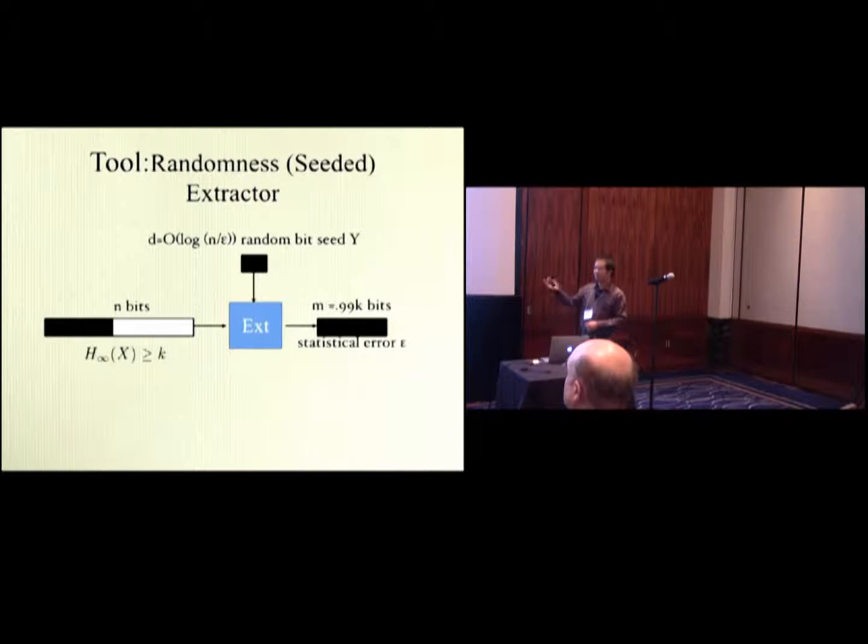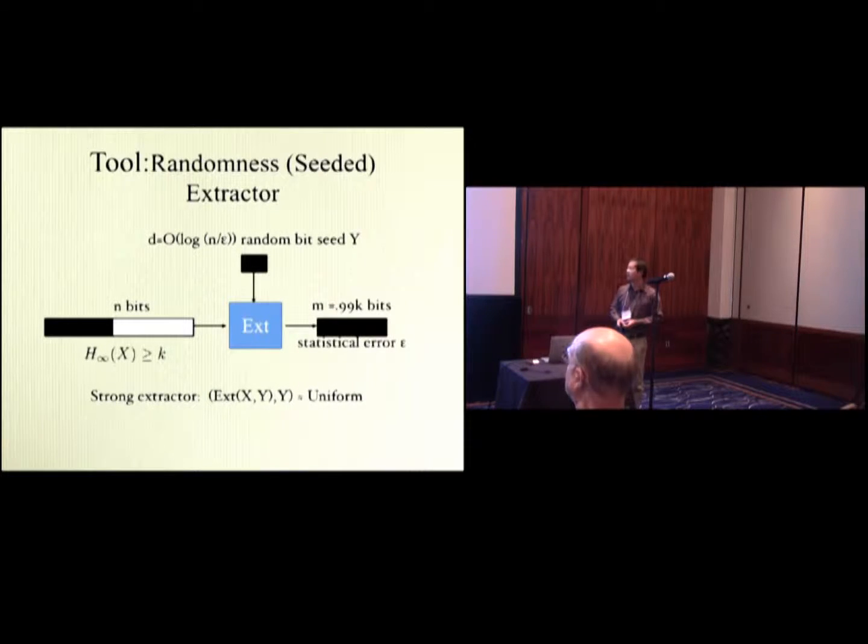Then using this additional random seed, we output a distribution that is close to uniform. Like you have seen, we have almost optimal constructions of such seeded extractors. In general, we also require this seeded extractor to be strong, in the sense that the output is close to uniform even given the seed.